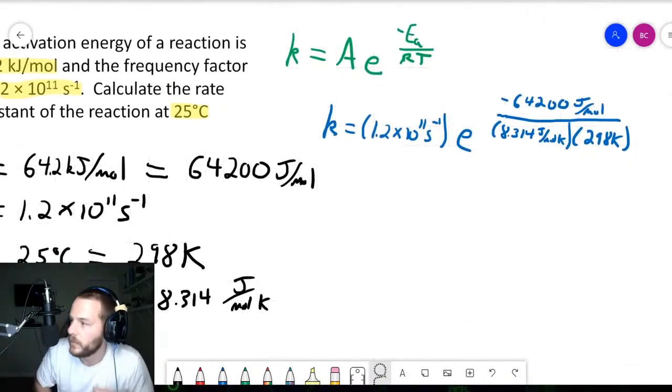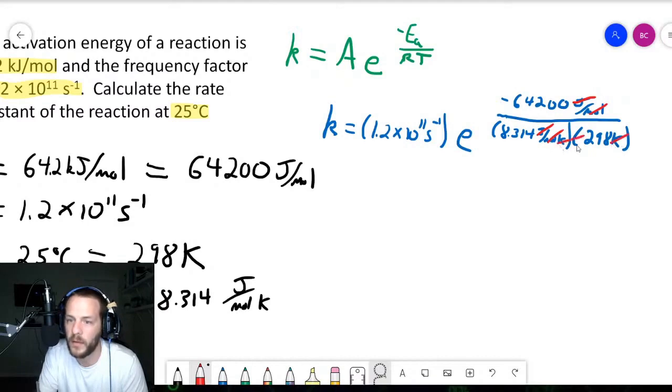Okay, apologize for that, guys. So we're going to make sure that our units cancel out, right? We have joules canceling with joules, moles canceling with moles, and kelvins canceling with kelvins. And so at this point, all that we have to do is plug this expression into our calculator.